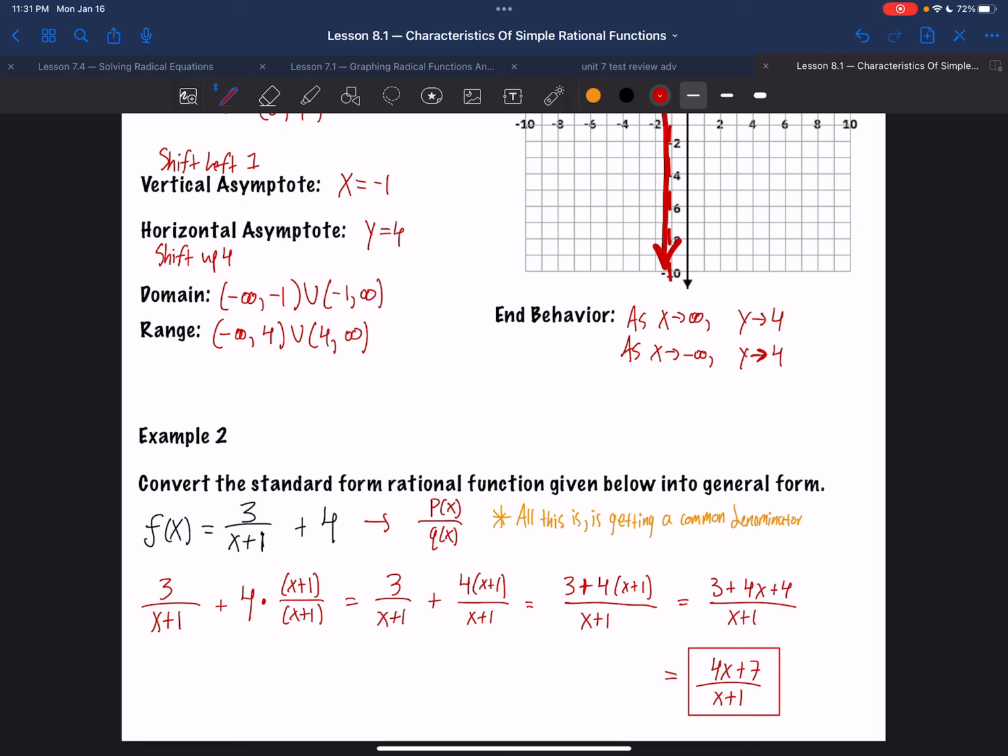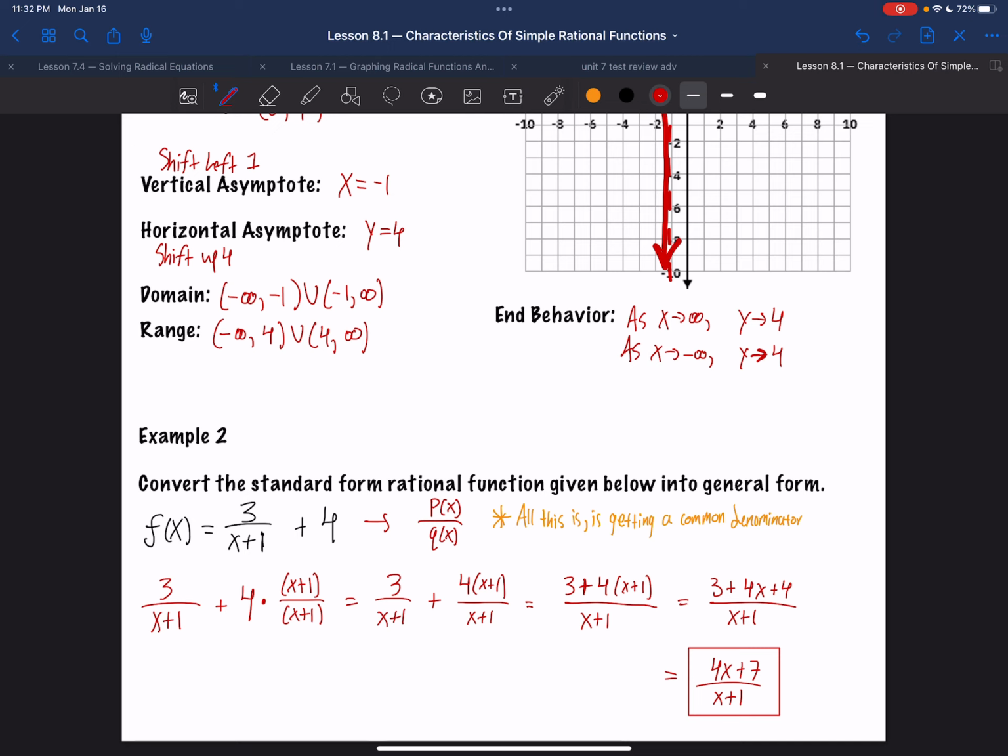Hopefully I didn't go too fast there. But it truly is just getting a common denominator. If you remember how to do that from middle school, just multiply whatever doesn't have that denominator on top and bottom. Now that they have the common denominator, you can add them together.